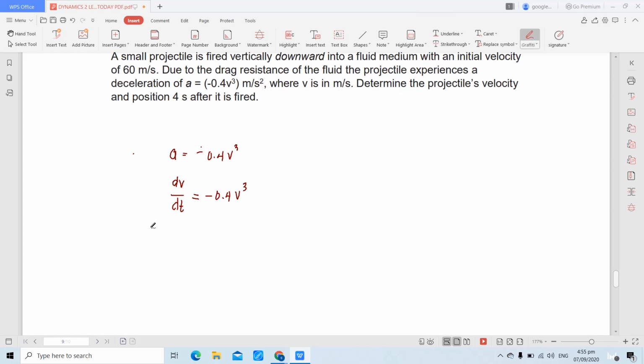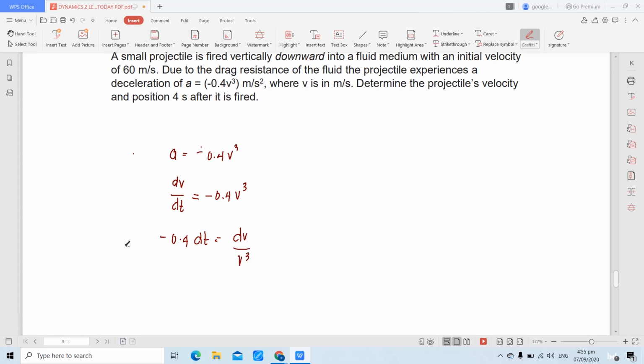So, pag sineparate natin, cross multiplication. No, yung 0.4 dito na negative, wag nyo nang i-cross multiply dahil constant term naman siya. Pwede nyo rin namang i-cross multiply kung gusto nyo. Mag-a-arrive lang din kayo ng parehas na sagot. No? So, by cross multiplication, we can say that negative 0.4 dt is equivalent to dv over v cubed.